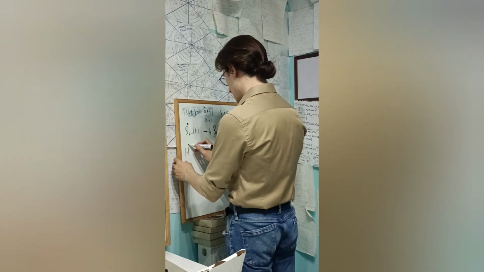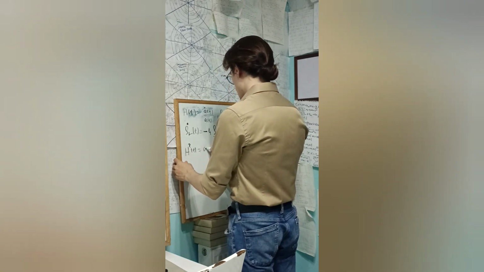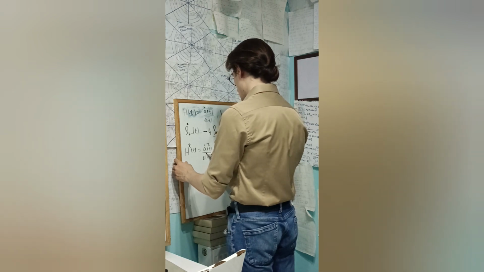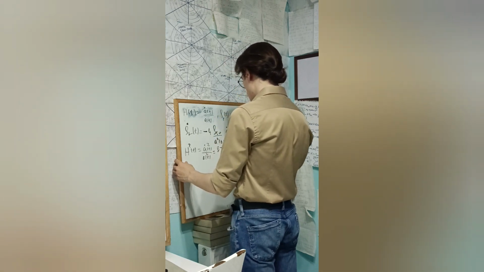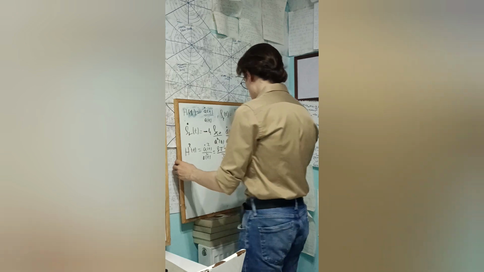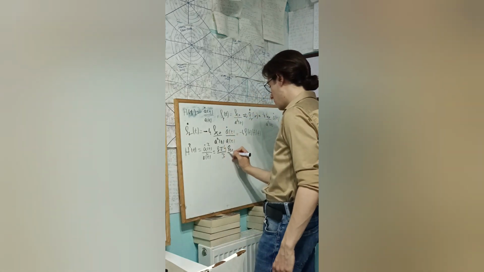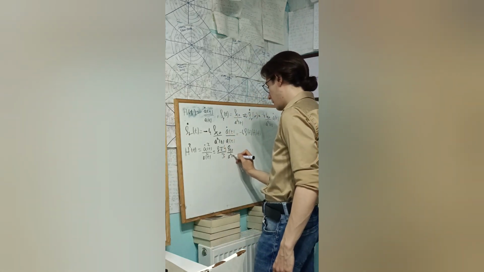So H squared, this is a dot squared of t divided by a of t squared, which is 8 pi G over 3 rho radiation 0 divided by a to the 4th of t.